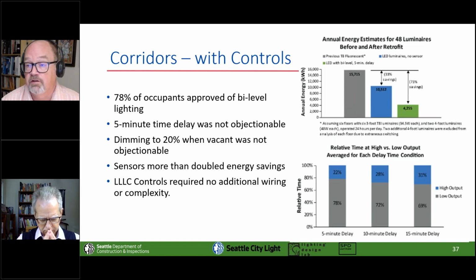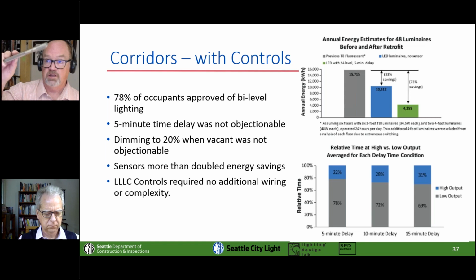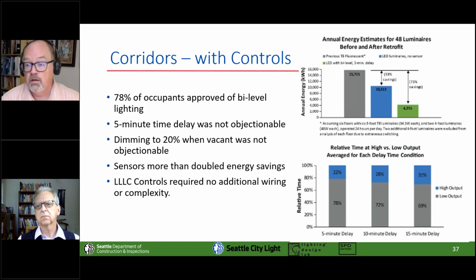All of the controls, the occupant sensors, daylight sensors, all that stuff in each light fixture. So all they had to do was take the existing fixtures down, slap up the new light fixtures, and then commission them with a tool that looks an awful lot like your smartphone, right? And they're seeing savings like this.